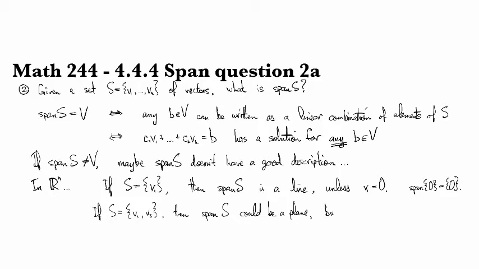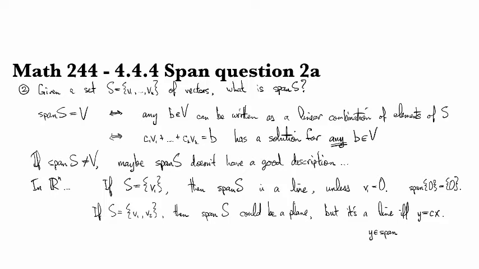So it'll be a line if and only if one is a constant multiple of the other. And notice that if this happens, then that's exactly the situation where one vector is an element of the span of the other.